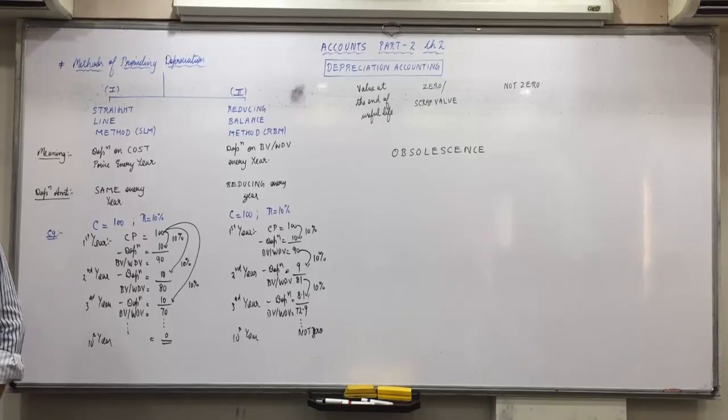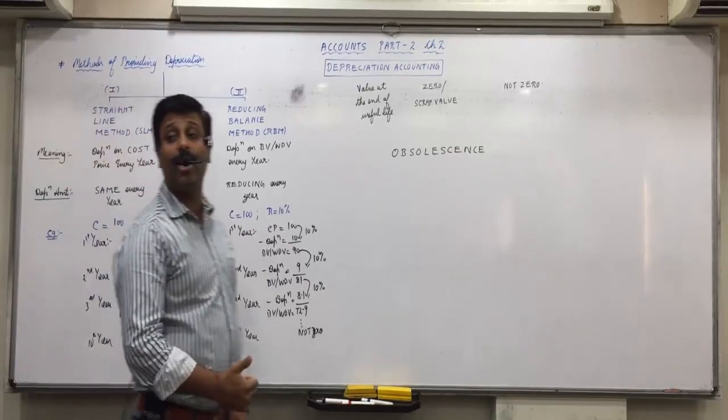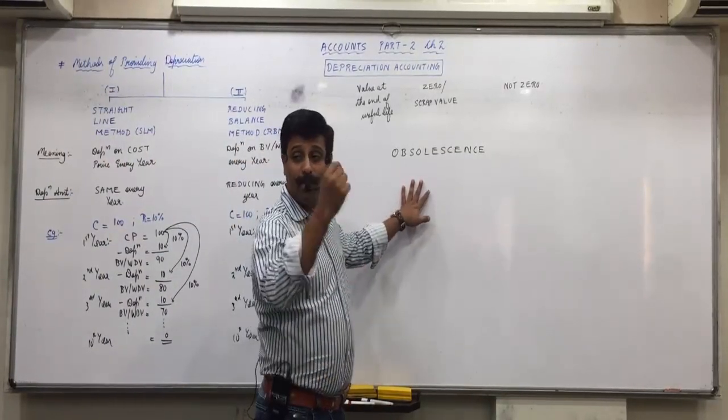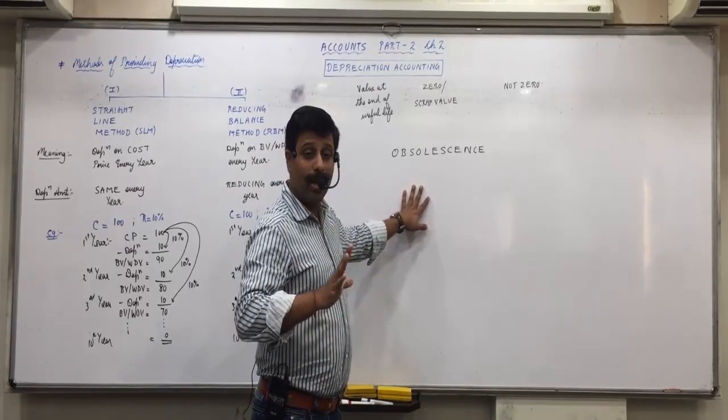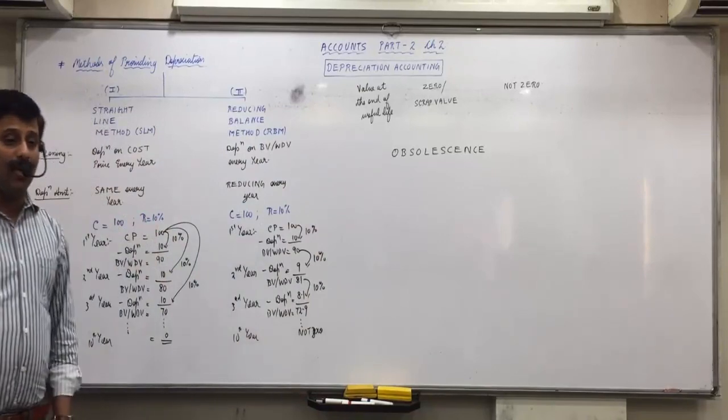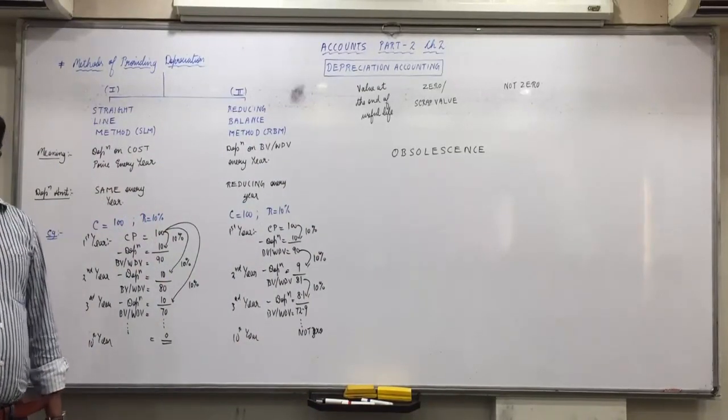For example, this mobile phone, though purchased recently, 1.5 or 2 years ago only, its value has gone down more than half, because after iPhone 6, then iPhone 7, then 8, then iPhone X, that is 10. Because of the advancement of technology, the old technology immediately becomes outdated, and you find that in mobile phones the most. So because of that also the value of an asset goes down.